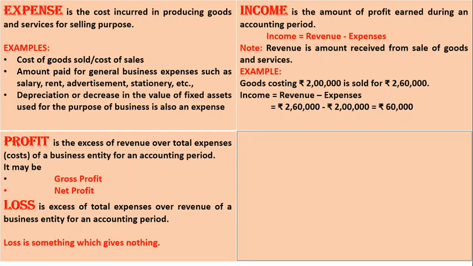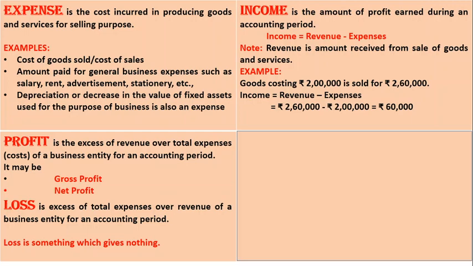Fine. So if profit is the excess of revenue over total expenses, then loss is the reverse of that. That is, the excess of total expenses over revenue of a business entity for an accounting period. So loss, we can say, is something which gives you nothing. Say, loss by fire, loss by theft.